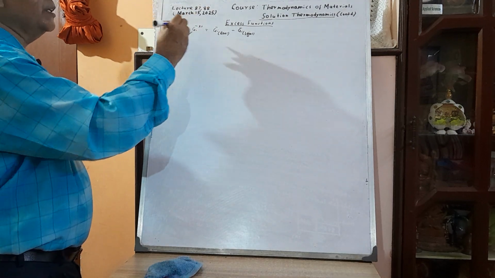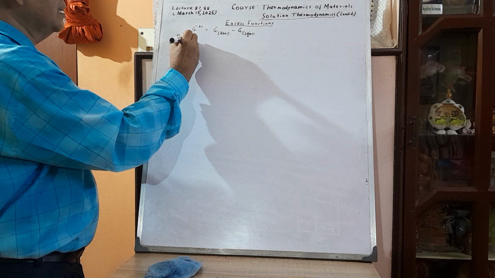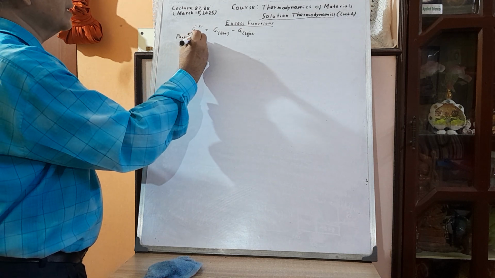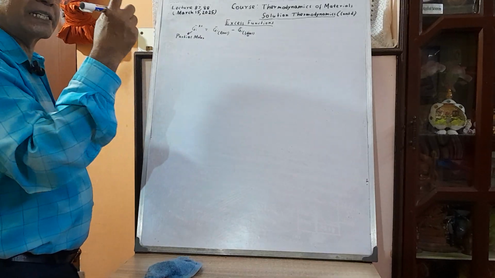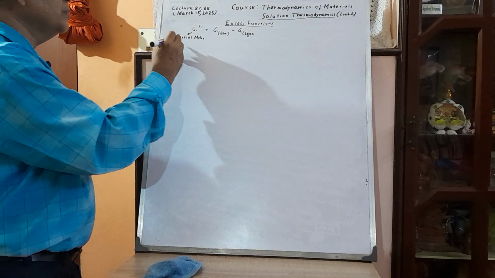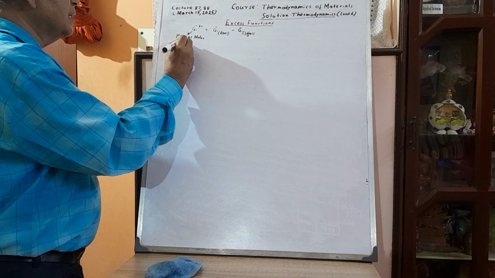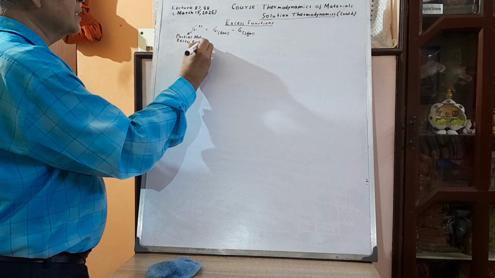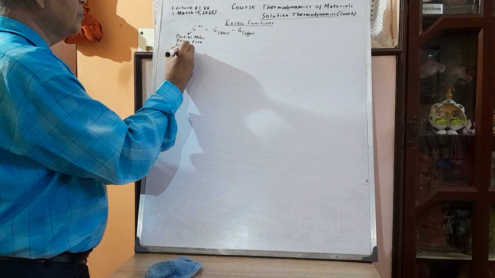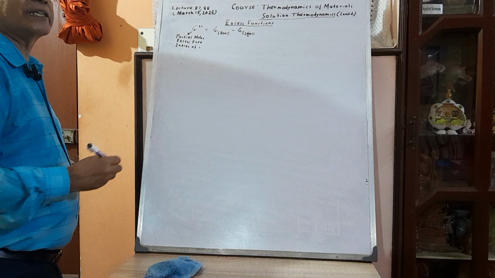So when you are considering A, it is partial molar excess free energy of I. I can be A, I can be B.